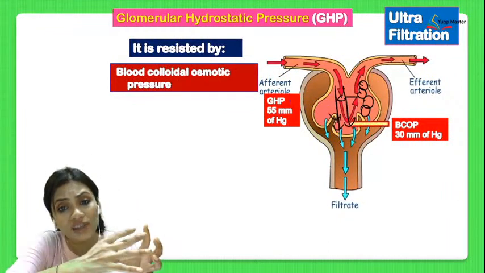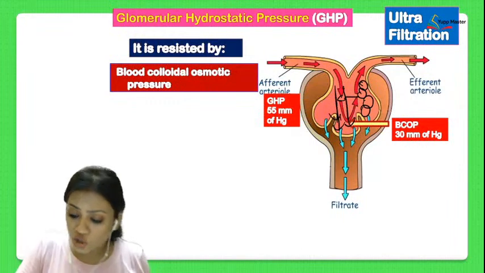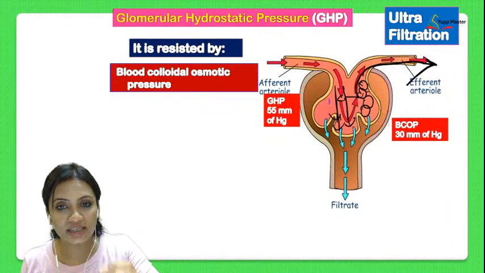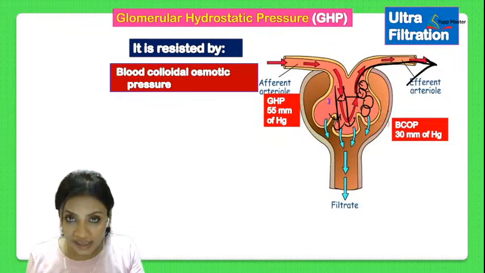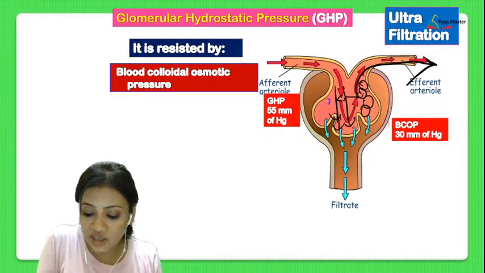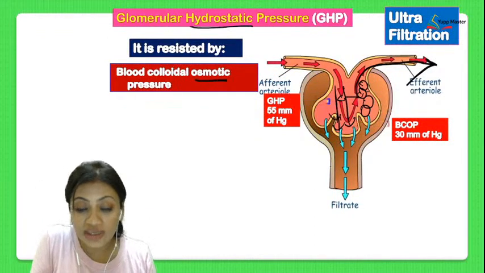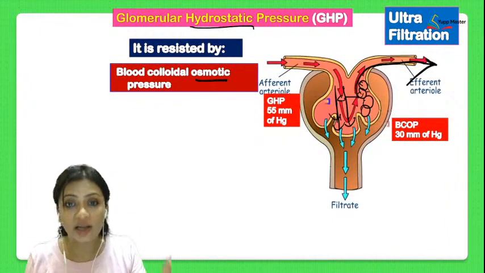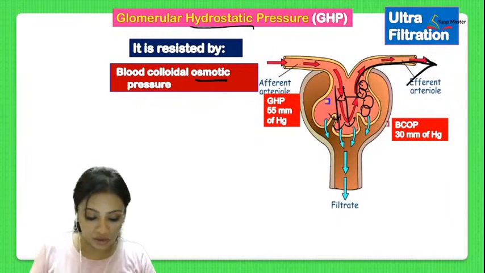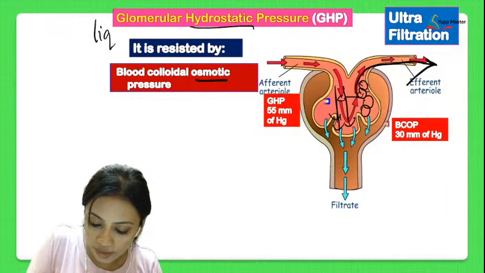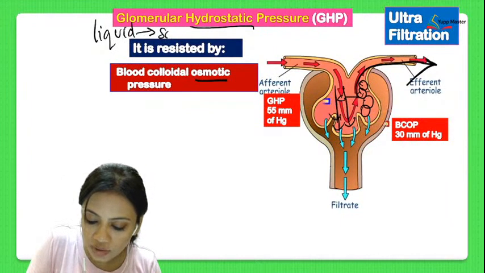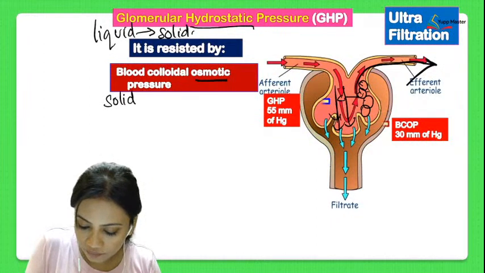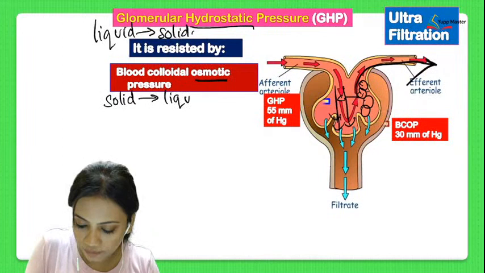So that some of the liquid stays with those solids so that they can easily go out. That is pressure exerted by solid on liquid. That's why I'm calling it osmotic. What was hydrostatic? Hydrostatic was pressure exerted by liquid on solid. Okay, hydrostatic was liquid on solid. Osmotic is solid on liquid.